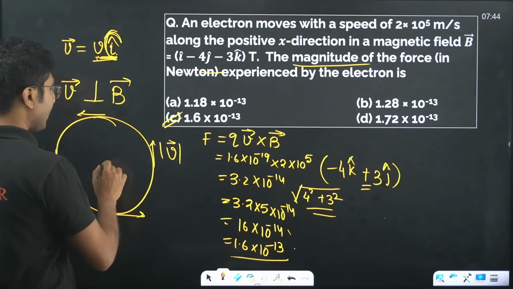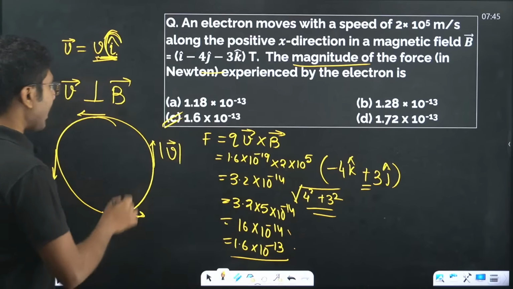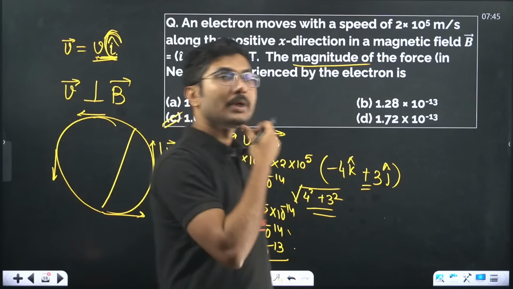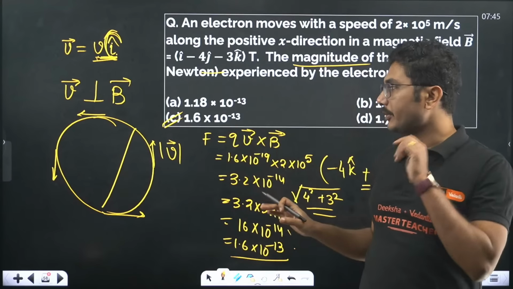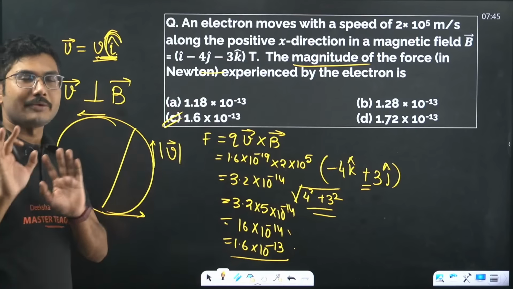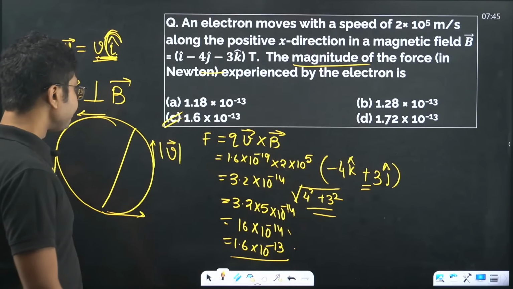So if they ask what the velocity will be after a certain number of seconds, you calculate where the particle will be, and then use normal vector geometry to solve it. That can be a little complicated if you have not solved it, but remember that the magnitude of velocity will remain the same if it is rotating in a circular orbit.